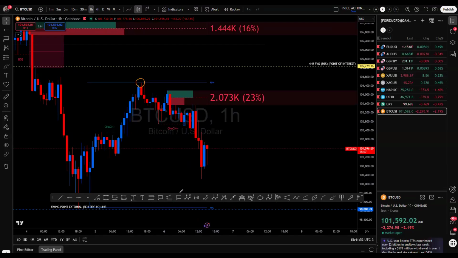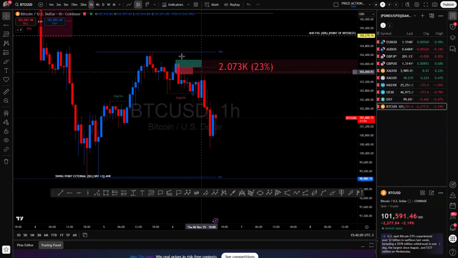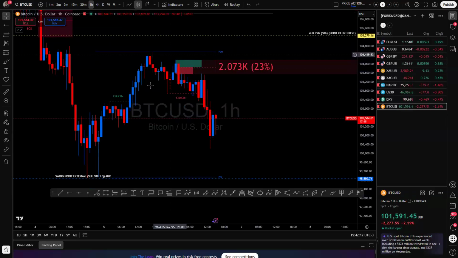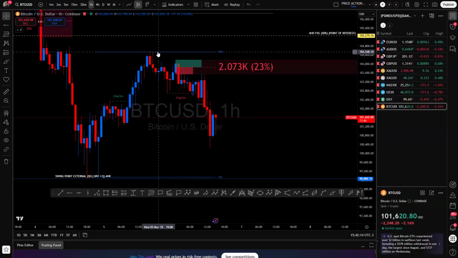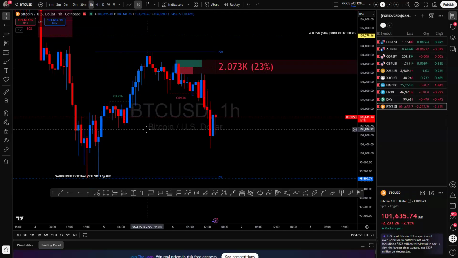Now, what we want to do is mark up a 1-hour fair value gap, which we don't see at the moment. So, based on this here, we see that there's liquidity up here. We had a wipe here, and now we have a liquidity sweep out of this low here.